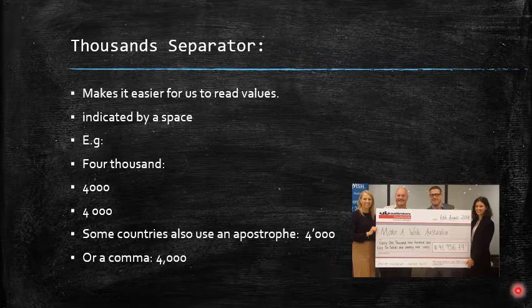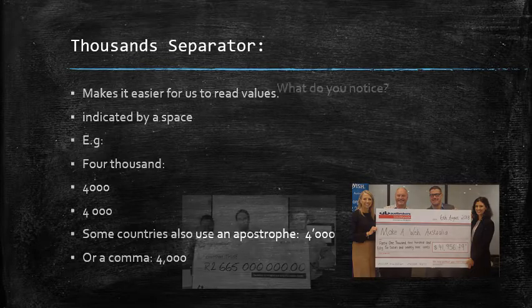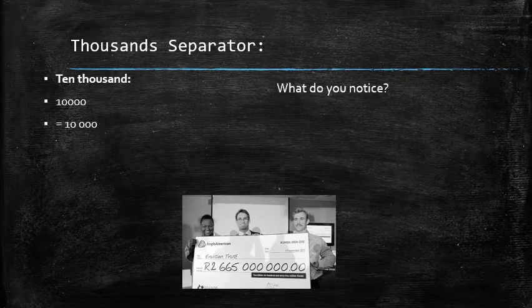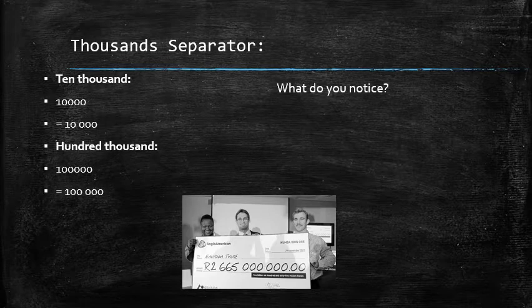So if we have a look at the example of this check on this side, it's $41,956 and then 79 cents. So please make sure that we remember that here they used a comma as a thousand separator and a full stop to indicate decimals. Now, for example, if we write 10,000, it's going to be 10 000. If we write 100,000, it's going to be 100 000. And you can see it's a lot easier to read when we put the thousand separator in.